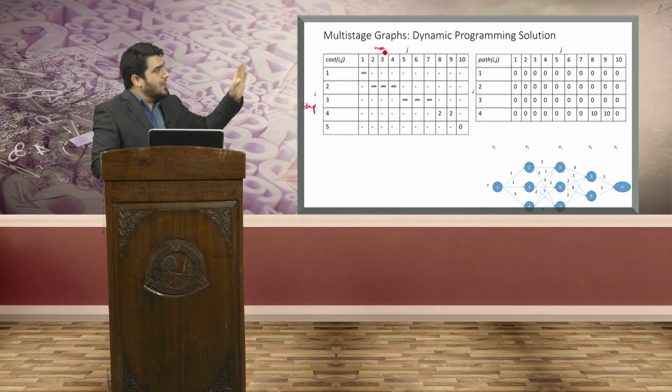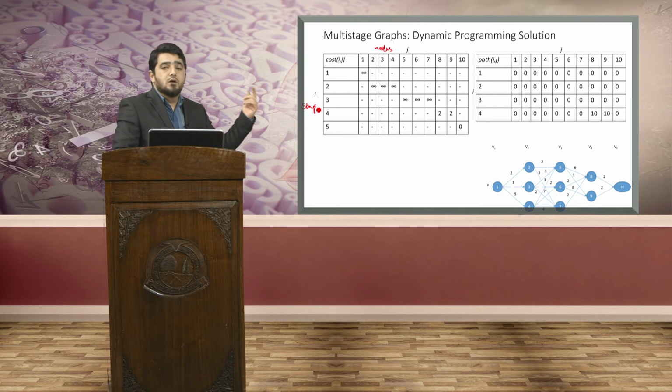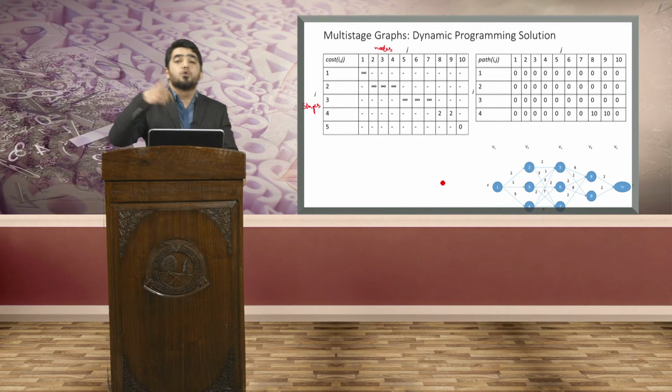The values that we have filled in there are the base cases. For example, we know the cost of selecting node number 10 in the last stage, to go to the sink, is 0.